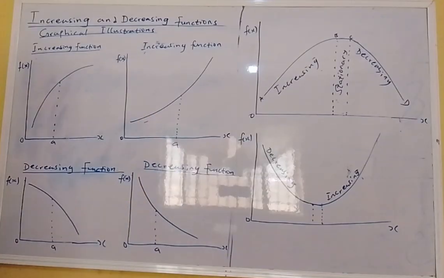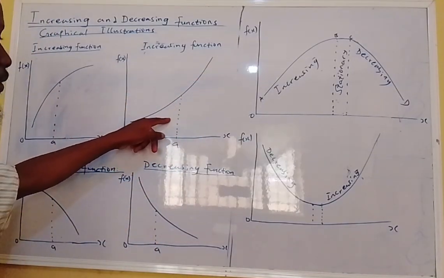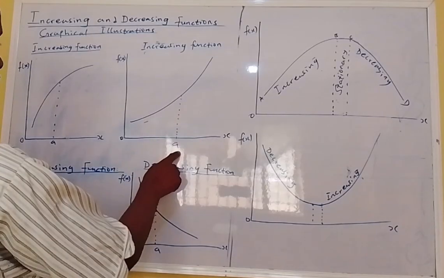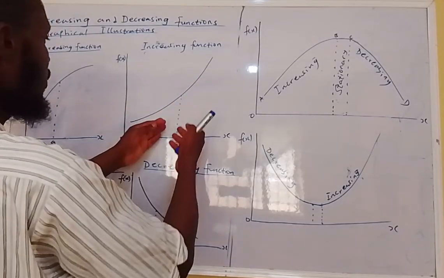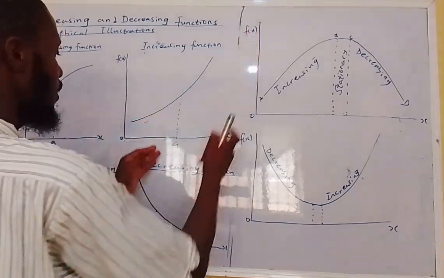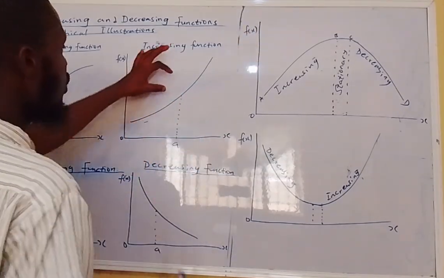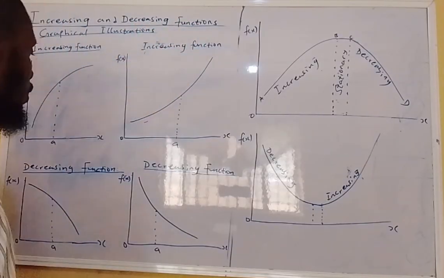So let's also check this one. Look at this graph. If you check at this point A, let's move from the left to the right. This is my left, this is the right. If I move from the left to the right, you will observe that this graph is increasing at this point, x equals a. So in other words, this graph represents an increasing function.